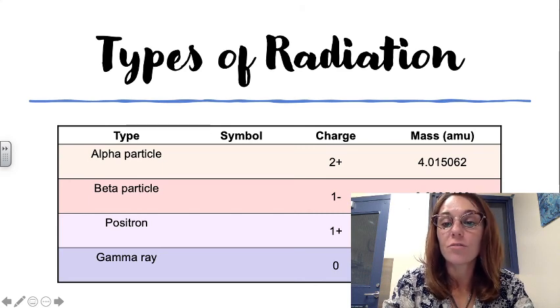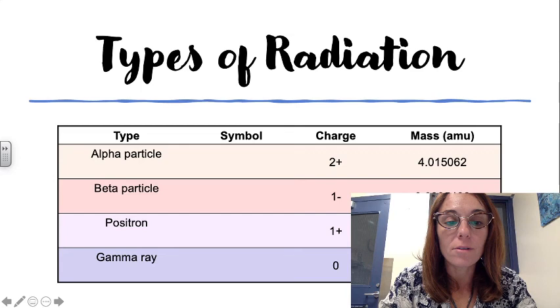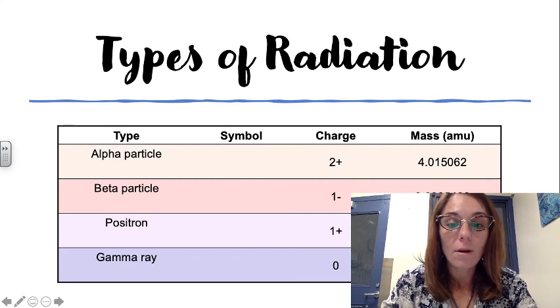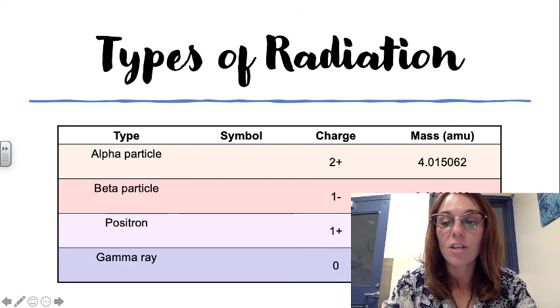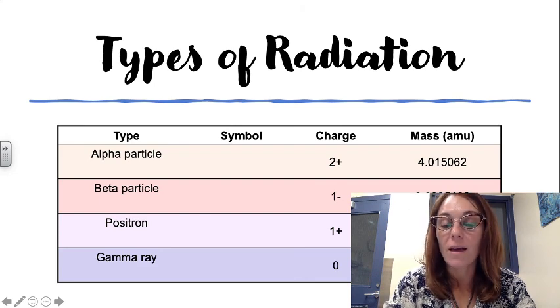Specifically, they have a charge of 2 and they have a mass of 4. Beta particles have a negative charge and have very low mass. Positron particles have a positive charge and they also have a very low mass. And then we have gamma particles that have no charge and no mass.